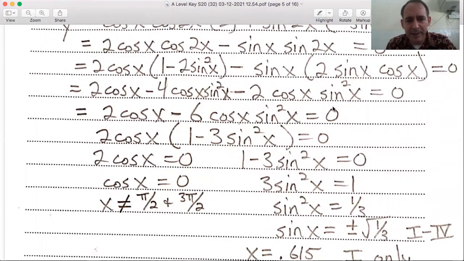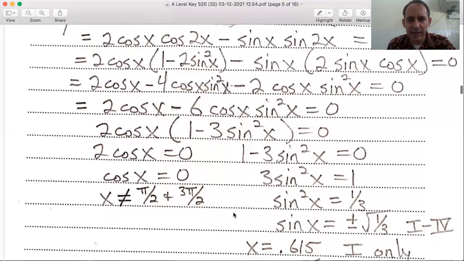So if you divided by cosine x, it would make that particular x cancel out, and you would lose these 2 values right here, which happen to be outside the domain. So we're going to throw them out anyway, but you don't know that at this point right here. So we want to factor it out, not divide it out.